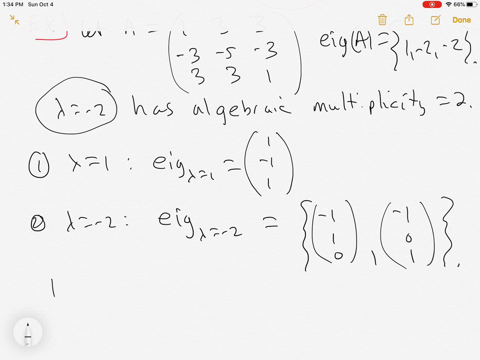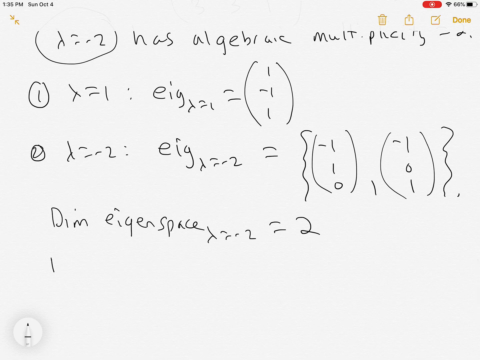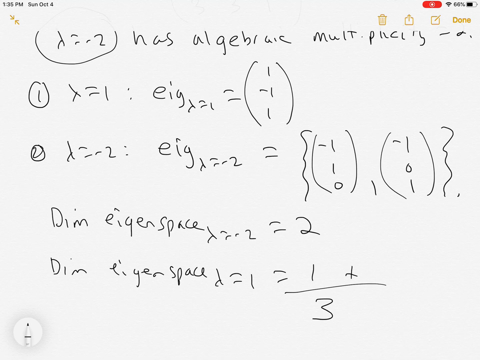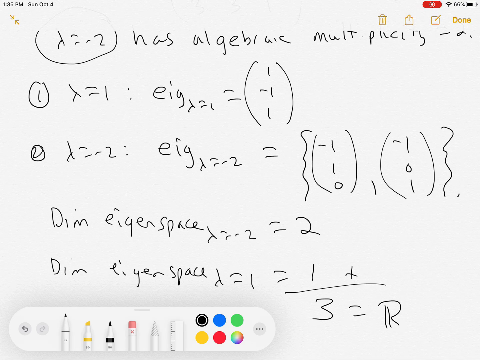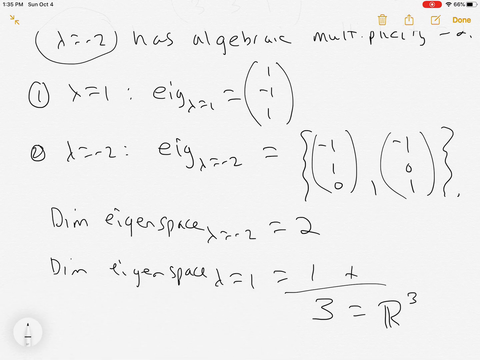So note that the dimension of the eigenspace corresponding to lambda equaling minus 2 is 2, and the dimension of the eigenspace corresponding to lambda equals 1 is 1. And 2 plus 1 equals 3, which is the dimension of R3. So we have enough, basically, to create P.